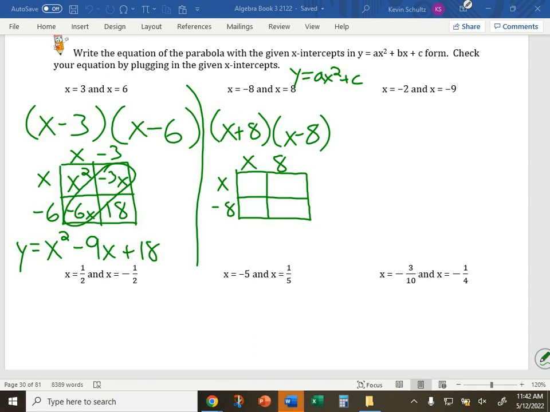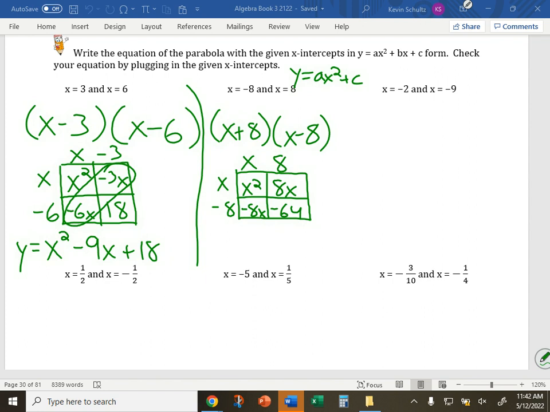X squared in the top left corner, x times x. X times positive 8 is 8x. X times negative 8 is negative 8x. And then 8 times negative 8 is negative 64. And what happens with our x terms here, our positive 8x and negative 8x? Noah, you look like you have a question. You sure? Okay.